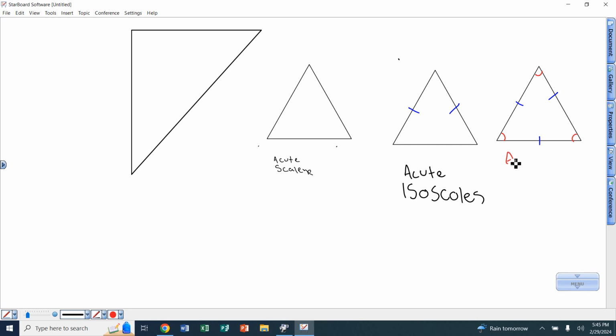Acute equilateral. Good job. And do you remember the name in fancy geometry terms that we call things that are equal? It starts with a C. Congruent. Yep, congruent is geometry's fancy word for equal.